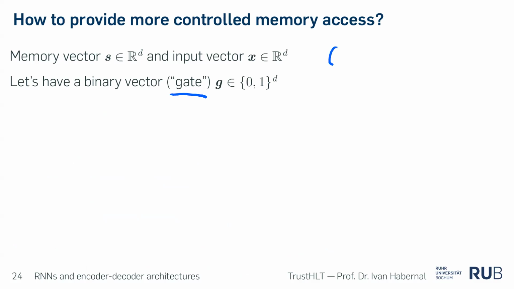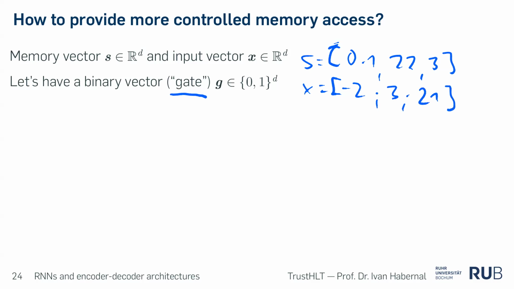So for example, if we have 0.1, 22, and 3 would be S, and X would be the same, like -2, 3, and I don't know, 21. And the gate would be the same dimensionality, maybe 0, maybe 1, maybe 1. Okay, so this is an example of the state or memory, input, and the gate.